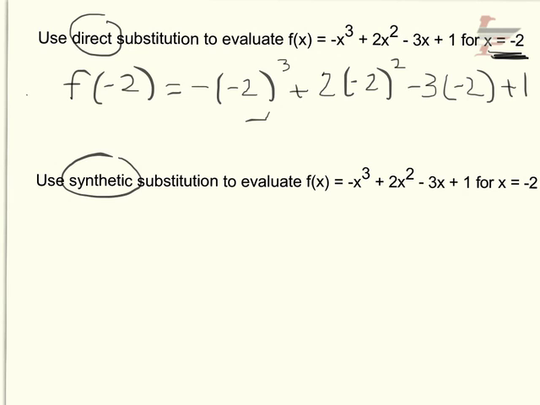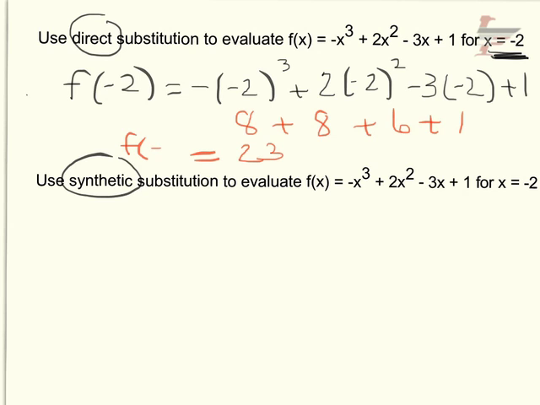So -2 cubed, so -2 times -2 times -2 is -8, but then it's negated, so that's going to be a positive 8. -2 squared is positive 4, times another 2 is 8. -3 times -2 is positive 6, and then I have a plus 1, so 8 plus 8 is 16, plus 6 is 22, plus 1 is 23.